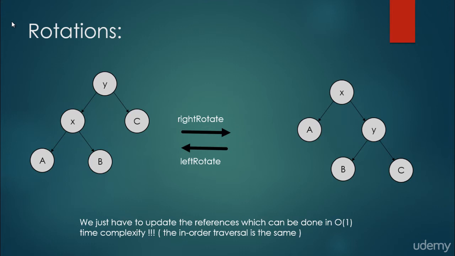For example, on the left tree, the in-order traversal will give us A, X, B, Y, C. And after making the right rotation, if we make an in-order traversal on the right tree, we get A, X, B, Y, C, it is the same. So the properties of a tree are not going to change because of the rotations.